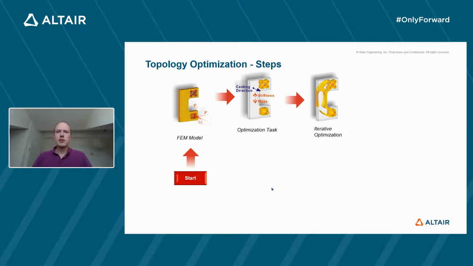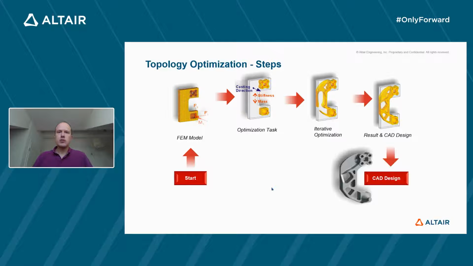You will see in the second demo then how the simulation will iteratively find a solution, leading to a final design, which you can then deduct for the CAD and create your design from there.